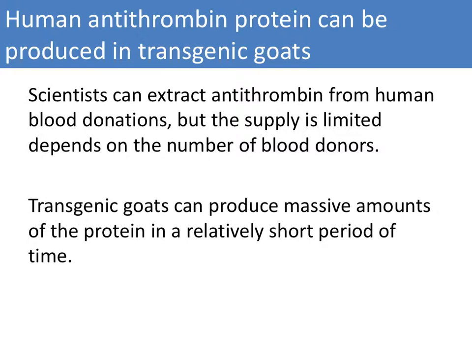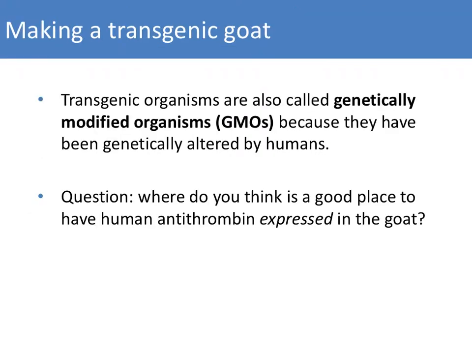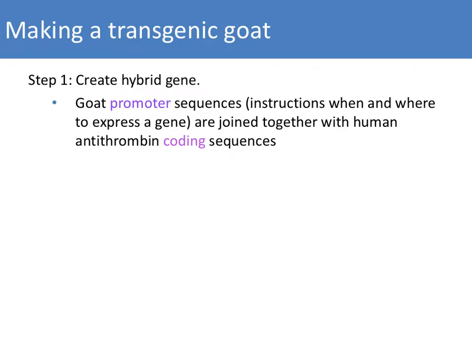Where do you think this antithrombin is found in terms of the goats? Milk. Yep, exactly. Now to make this happen, remember, if you just put the gene in without the promoter, nothing is going to get made.